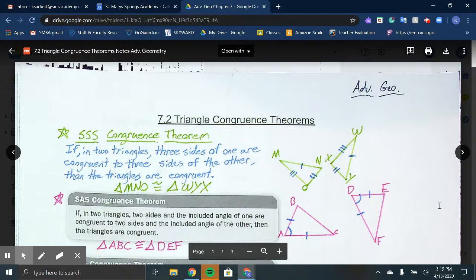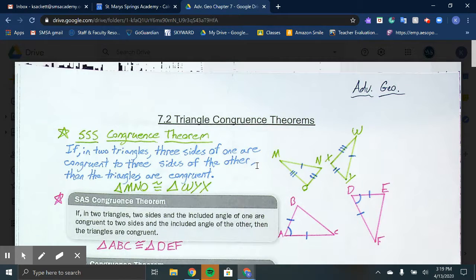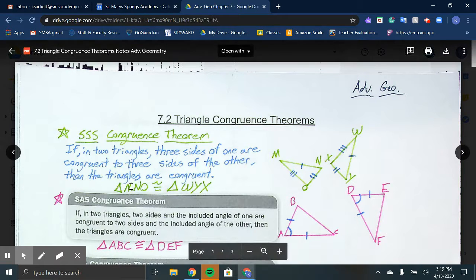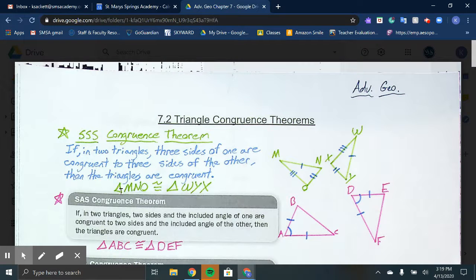The first one, side-side-side congruence theorem, or SSS, says if in 2 triangles, 3 sides of one triangle are congruent to 3 sides of the other, then the triangles are congruent. So if you look at the 2 triangles to the right, MNO and WYX, by matching up corresponding parts, we can write the congruence statement here.